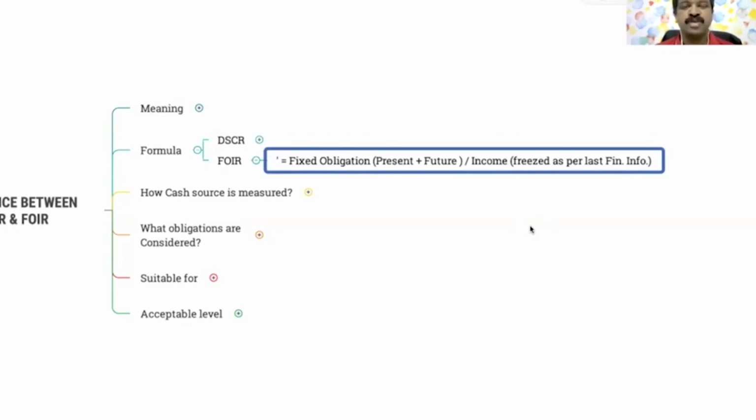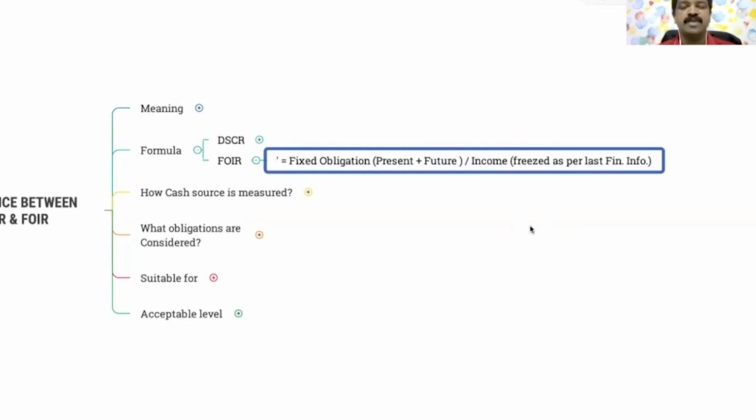Okay, so this fixed obligation is basically the summation of EMI, which includes interest and principal. So you should factor both the present running outstanding loans commitments as well as the proposed loan commitments. That goes to the numerator. Whereas in the denominator, it is income.